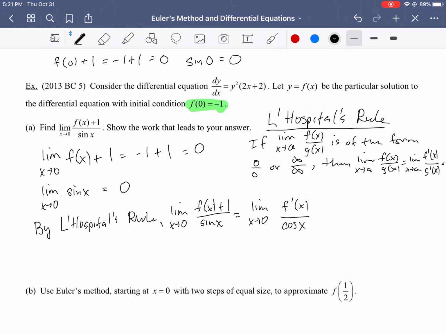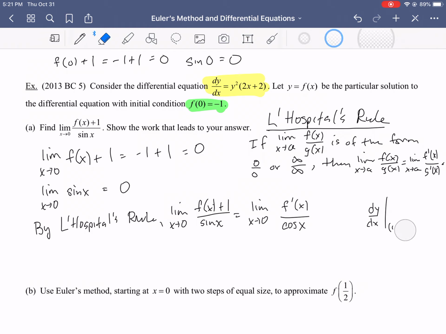Okay, what I'm going to try to do now is plug 0 in again. So now I need to figure out how to find f prime of 0, and f prime of 0 is going to be found by using the differential equation. So if you want to come over here and do some scratch work and evaluate that differential equation, when x is equal to 0, I know that y is negative 1.